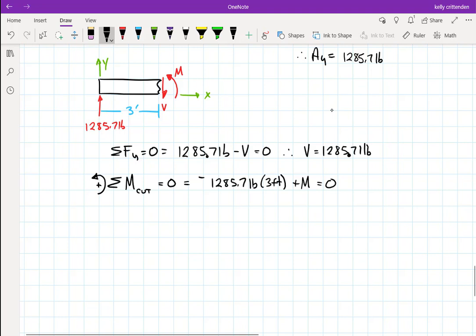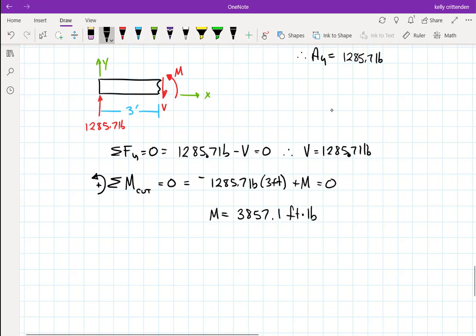It's already built in there. And so this just says that M equals, it's going to come out positive, 1285.7 times 3, 3857.1, and the units would be foot-pounds.